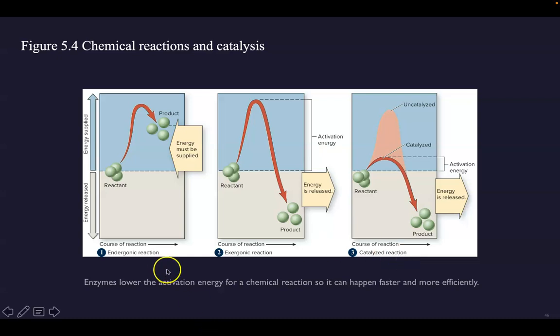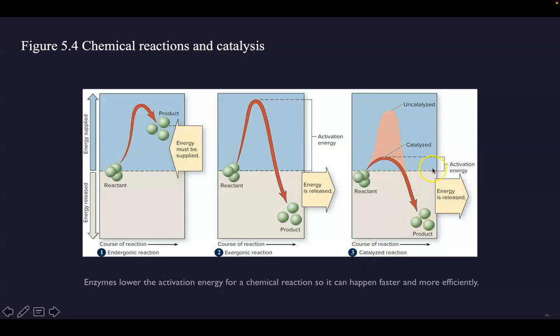Okay, so here's another example of chemical reactions in catalysis where enzymes are lowering the activation energy for a chemical reaction so that it can happen faster. Here you can see an endergonic reaction where energy has to be put in to make a product, and the product will have more energy than the reactant. Here we've got our exergonic reaction where energy is being released along with the product, so the product has lower energy than the reactant.